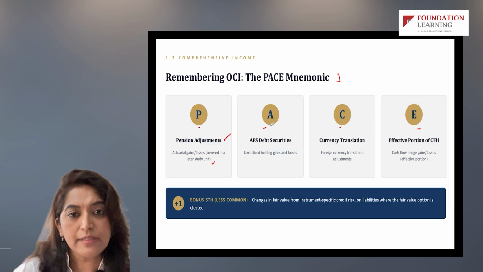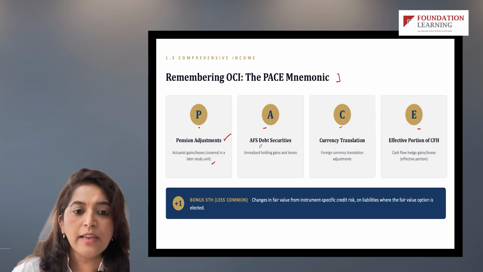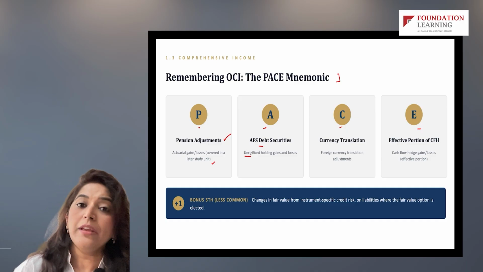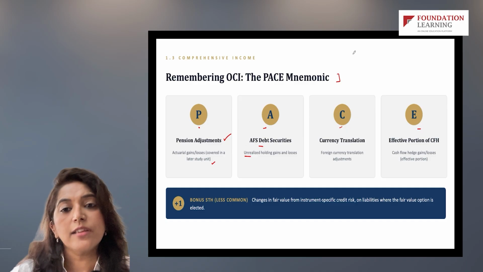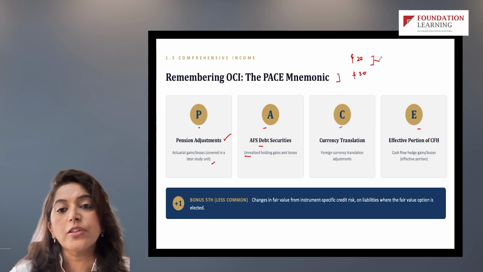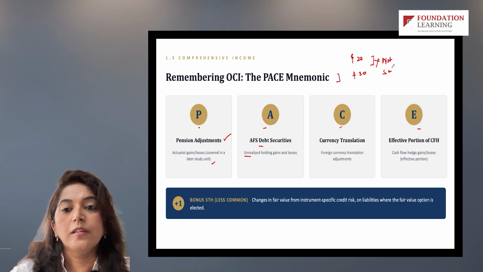Now available for sale debt securities, this we have discussed. Any unrealized holding gains or losses. What is meant by unrealized is, let's say you purchase something for $20 at the beginning of the year. At the end of the year, the security is valued at $30. Now you have not sold the security, right?